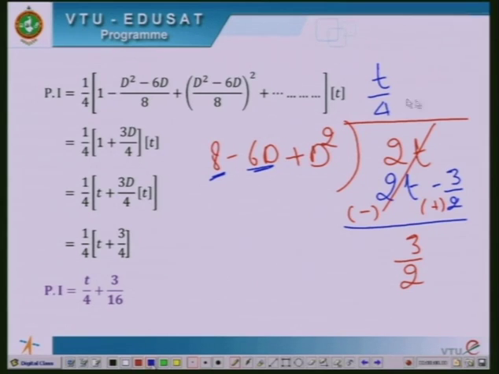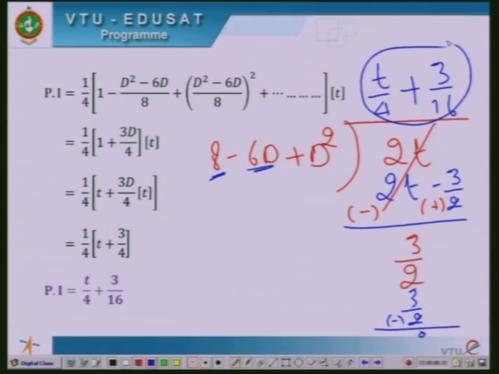Definitely it has to be 3 by 16, because when you multiply by 3 by 16 you will get 3 by 8, subtract, you will get 0 as answer. Fine. So this t by 4 plus 3 by 16 is pi, which we got here, same answer, t by 4 plus 3 by 16 using binomial theorem, binomial expansion.